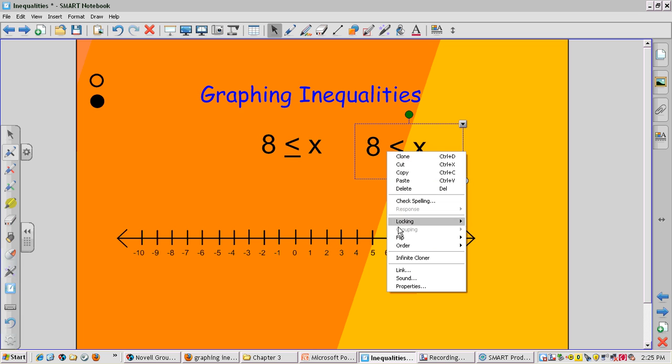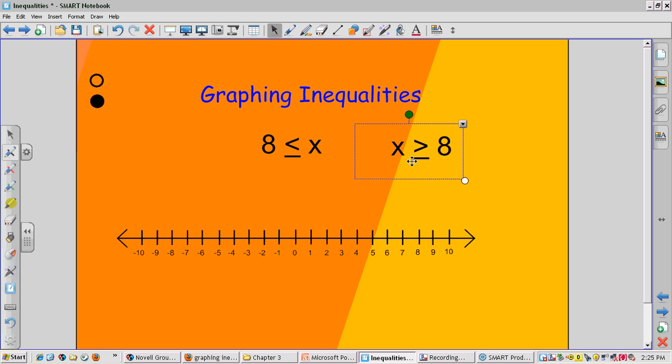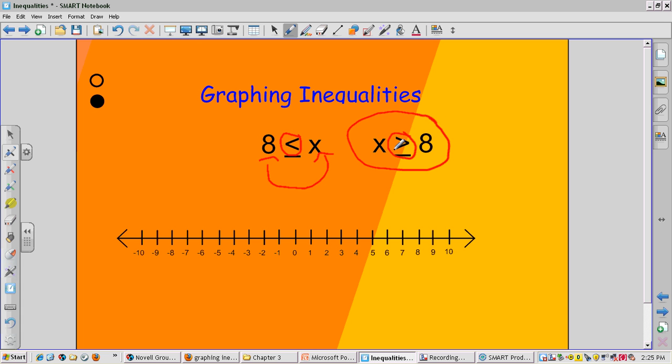Now, when I flip that over and rewrite it, I have x is greater than or equal to 8. So not only did we reverse where the letter and the number are, but I also had to reverse the sign, right? Everything's completely flipped around. You might find this way a little easier to read, since we're so used to reading from left to right.